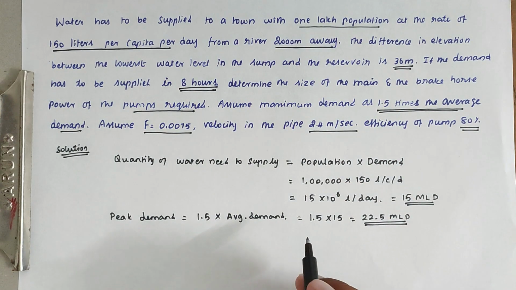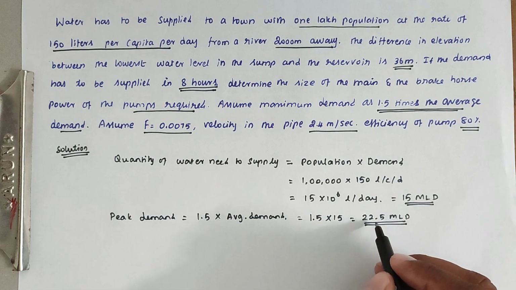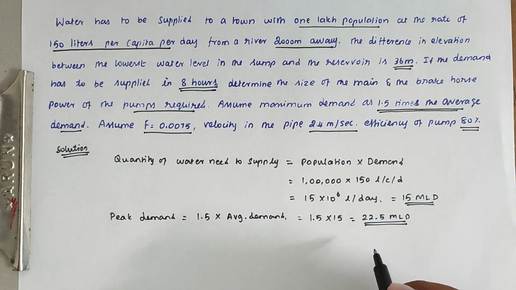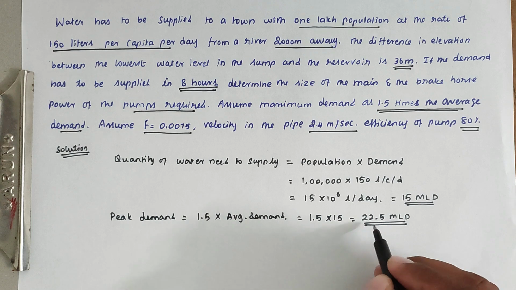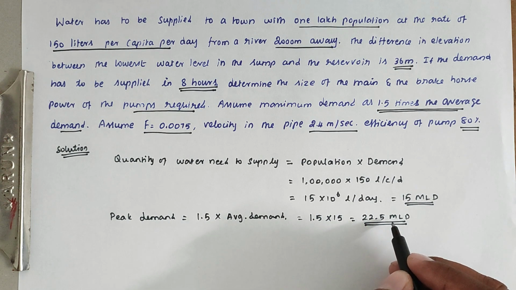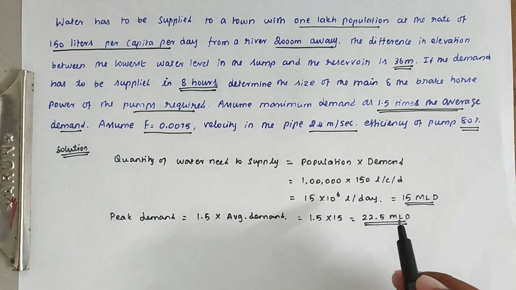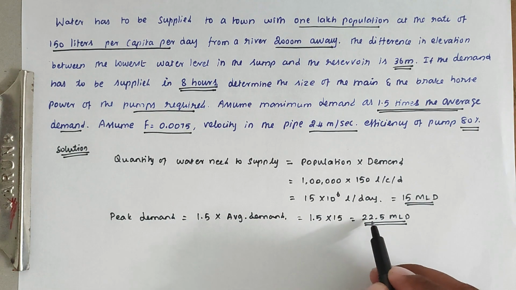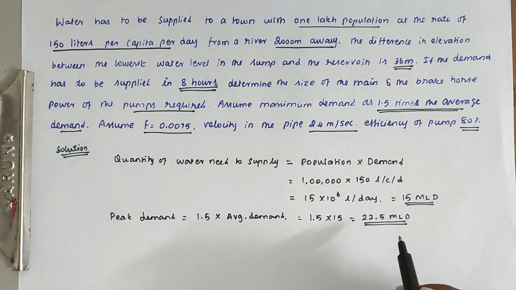Now the pump runs only 8 hours. Per day we need 22.5 million liters. If the pump were running 24 hours, 22.5 million liters would be enough. But now the pump will run only 8 hours, so we have to pump a larger quantity of water within 8 hours.